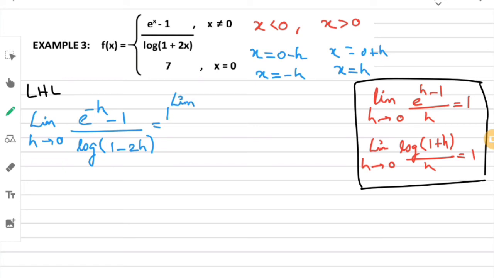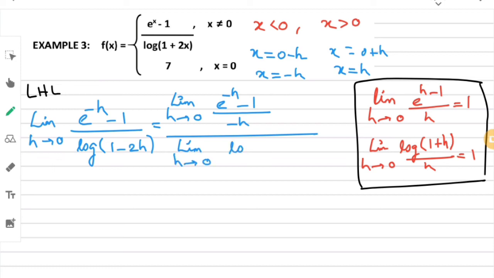So limit h tends to 0, (e power minus h minus 1) by minus h, and then for the denominator, limit h tends to 0, log of (1 minus 2h) by minus h. And for the numerator, there is no problem. Here I am having minus h, and here also minus h.